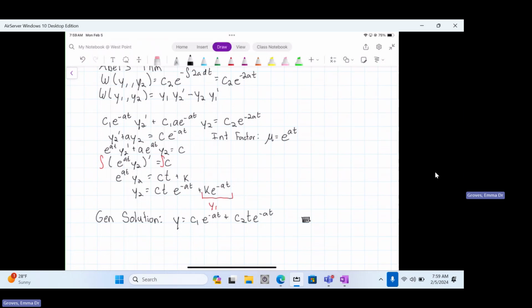Also, when we're using y1 and y2, how do we decide which one to switch? Like, does it matter? It actually doesn't matter. Y1 and y2 just means what are two solutions. Because if you have two solutions to a differential equation, their sum is also a solution. Yeah. Other questions?